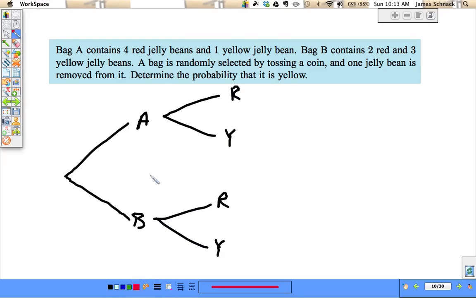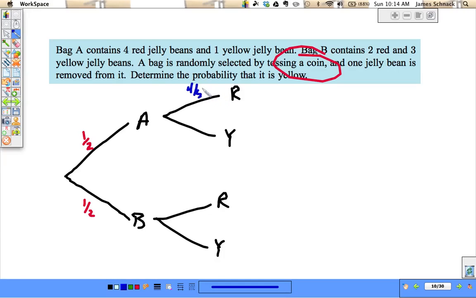And now let's label the probability. What's the probability that we select bag A? Well, how are we choosing it? I forget. Oh, we're tossing a coin. So the probability that we get A is 1/2. And in bag A, what's the probability of getting a red?